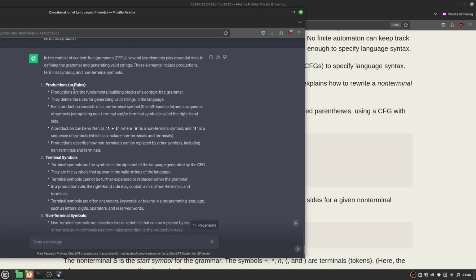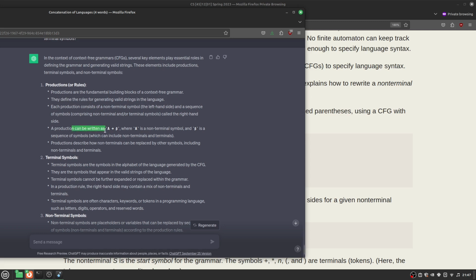Productions, or rules. Productions are the fundamental building blocks of a context-free grammar. They define the rules for generating valid strings in the language. Each production consists of a non-terminal symbol, the left-hand side, and a sequence of symbols comprising non-terminal and/or terminal symbols called the right-hand side. Okay, so the non-terminal symbol is the left-hand side, makes things easier.